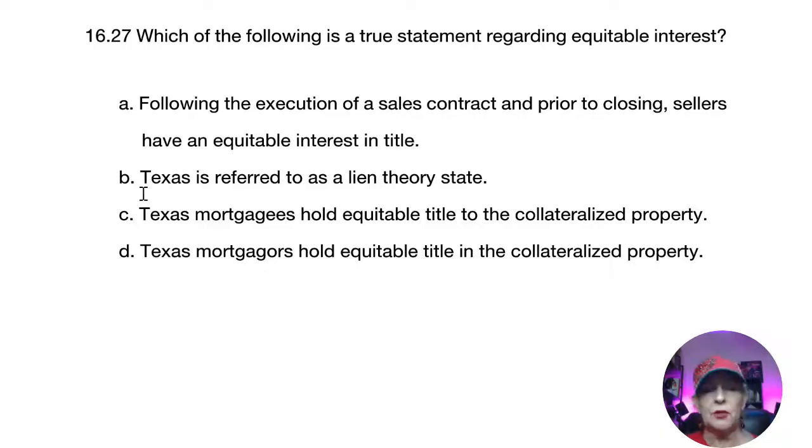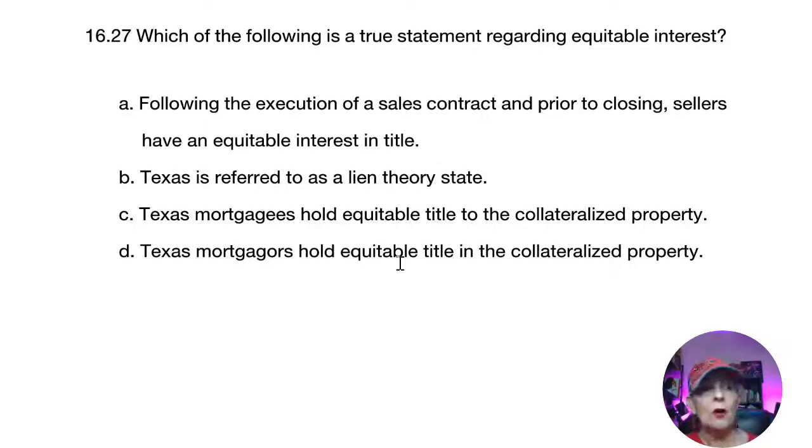B, Texas is referred to as a lien theory state. The mortgage company is the mortgagee. The borrower is the mortgagor, right? So which is a true statement regarding equitable interest? The answer here for 27 is D.